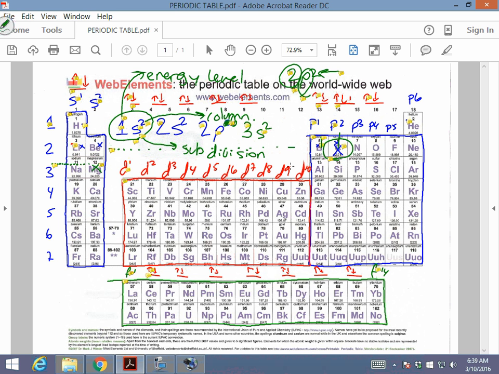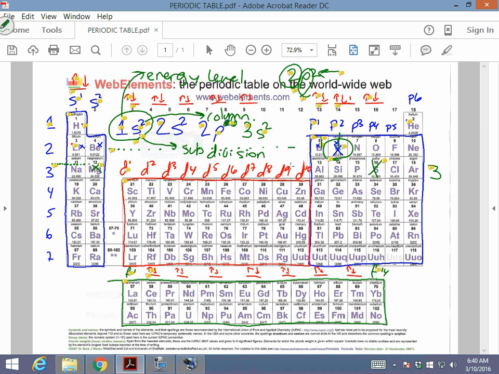Let's say that I want to choose the electron configuration of sulfur. Okay, everything else before sulfur is filled up. My ending configuration of sulfur is going to be the third energy level.